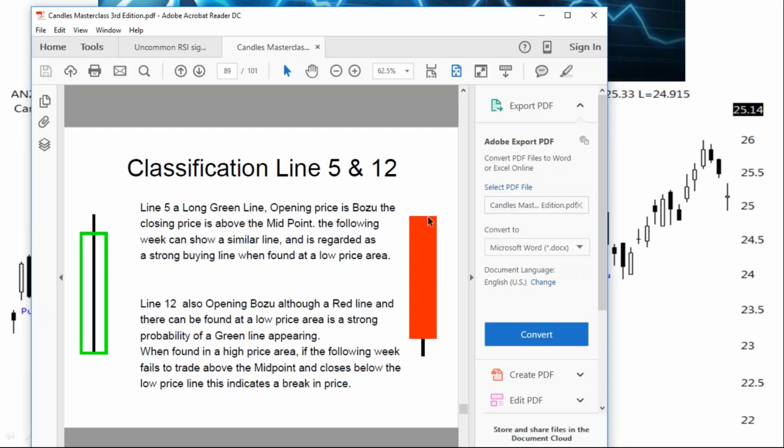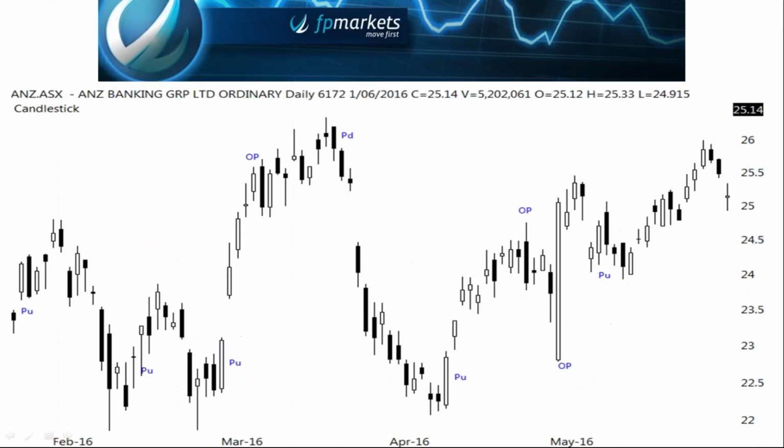Line number 12 in a weekly chart is a shaven top, small shadow at the bottom, and the line says, and it's a statement, that when found in a high price area, if the following week fails to trade above the midpoint and closes below the low line, this indicates a break in price. It also says that there's a very strong probability of a green line appearing. So after this red line here, shaven top, small wick at the bottom, there's a strong probability of a green line appearing.